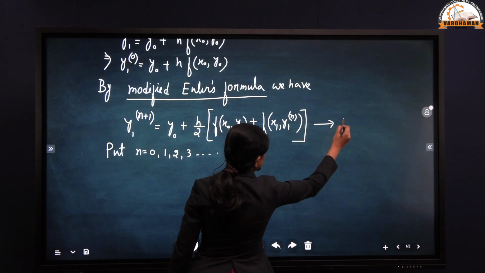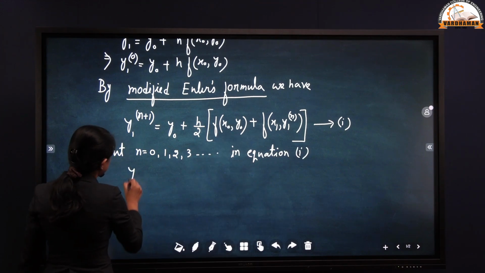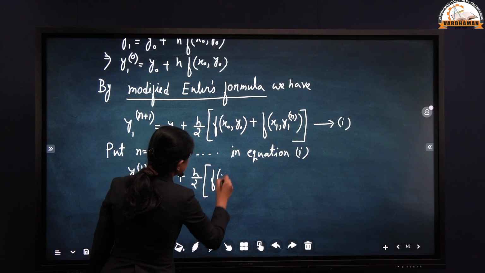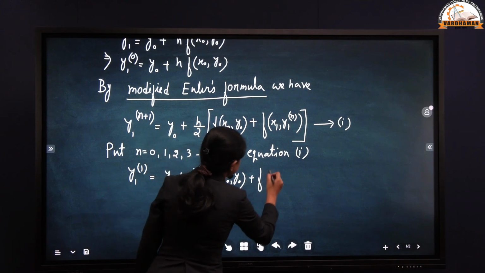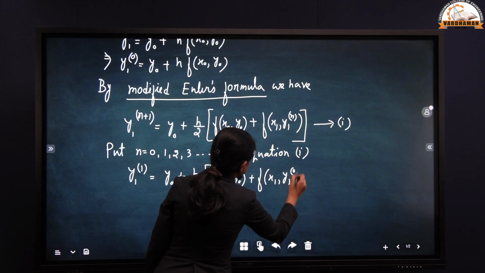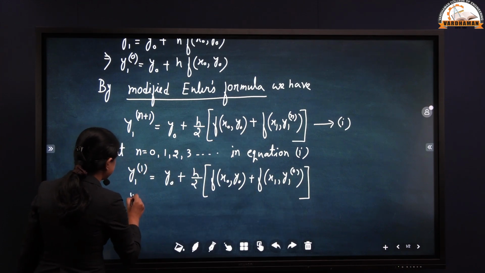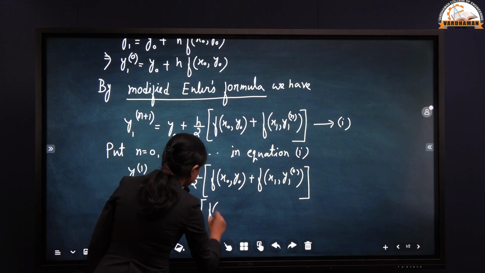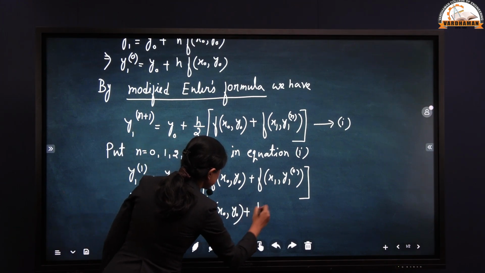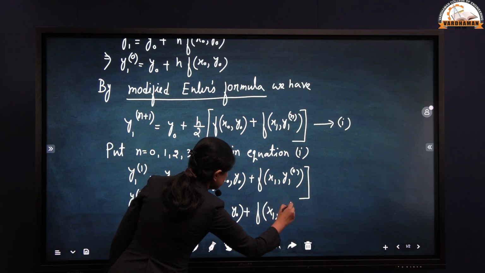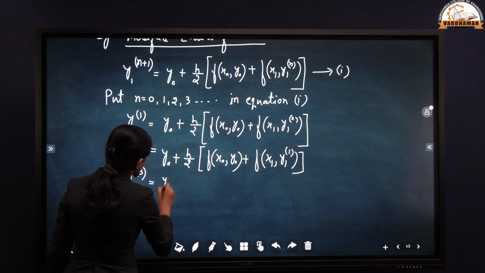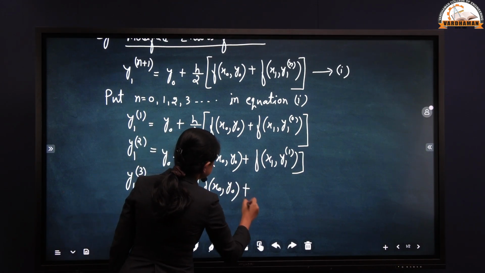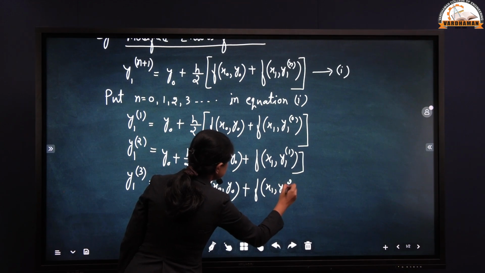This is equation number 1. In equation 1, y1 1 is equal to y naught plus h by 2 f of x naught comma y naught plus f of x1 y1 0. If we put n equal to 1, we will get y1 2 equal to y naught plus h by 2 f of x naught comma y naught plus f of x1 comma y1 1. y1 3 equal to y naught plus h by 2 f of x naught y naught plus f of x1 y1 2 and so on.